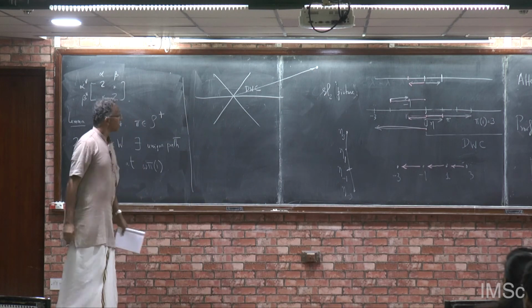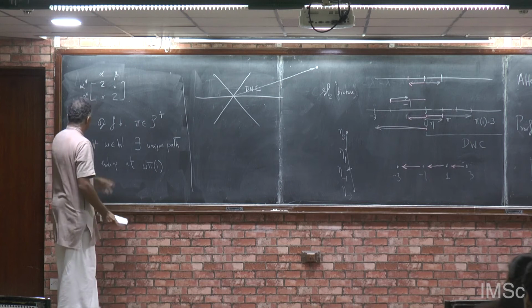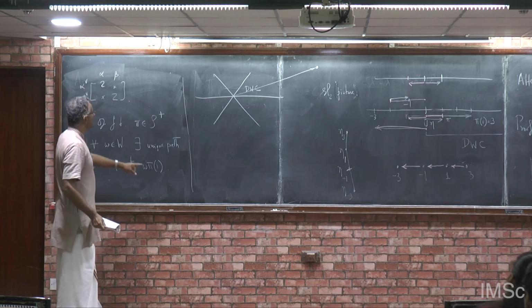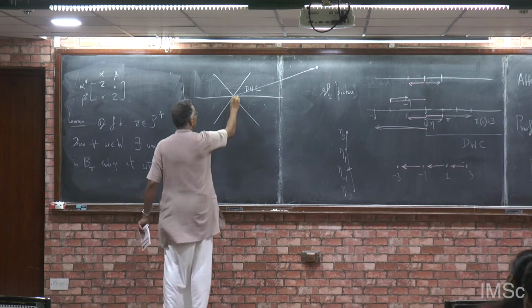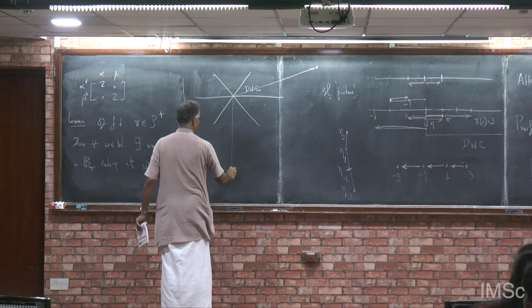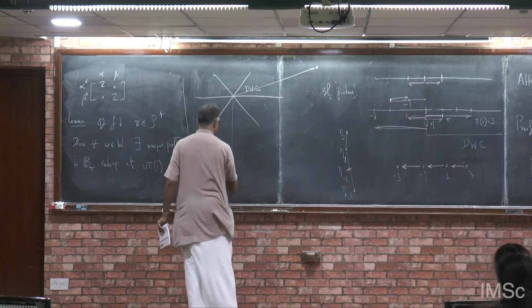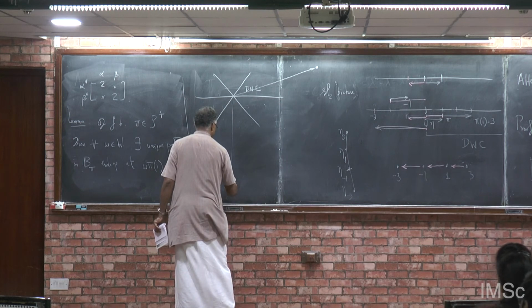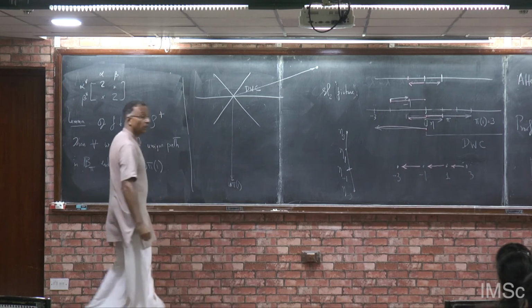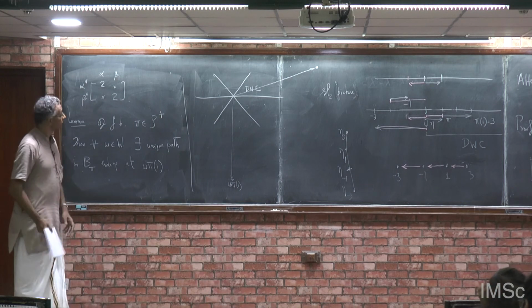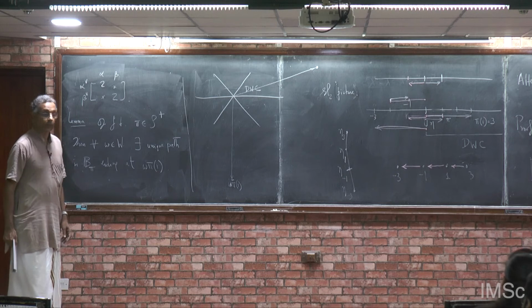Then there exists a unique path in B pi ending at W pi 1, all the way here. There is a unique path ending there. That is the claim.